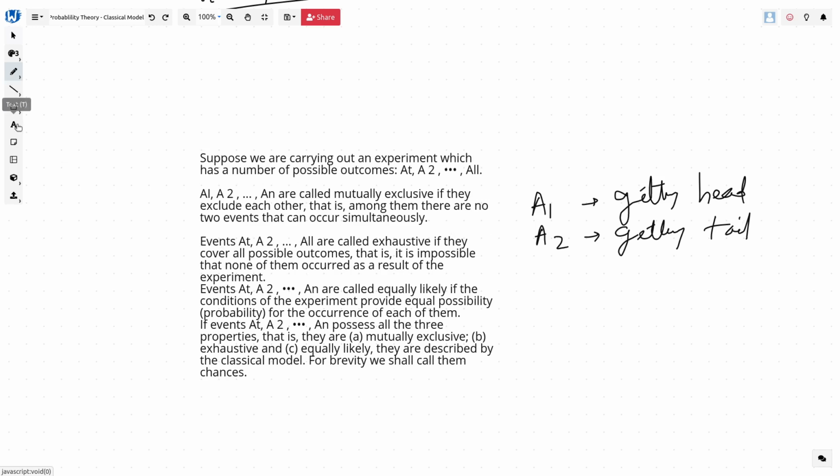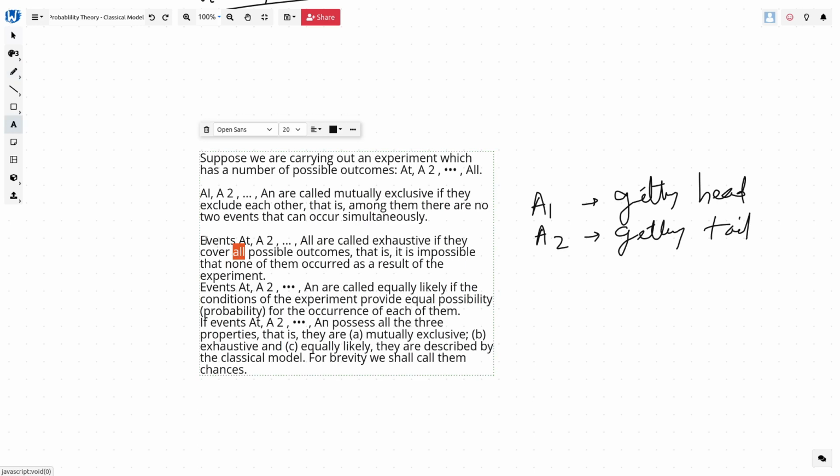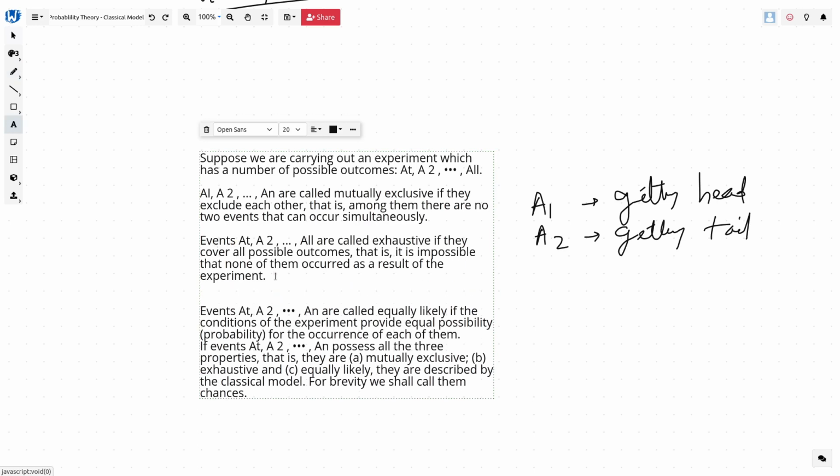Then there's something called exhaustive. We say that events A1, A2, and so on are called exhaustive if they cover all possible outcomes. That is, it is impossible that none of them occurs as a result of the experiment.